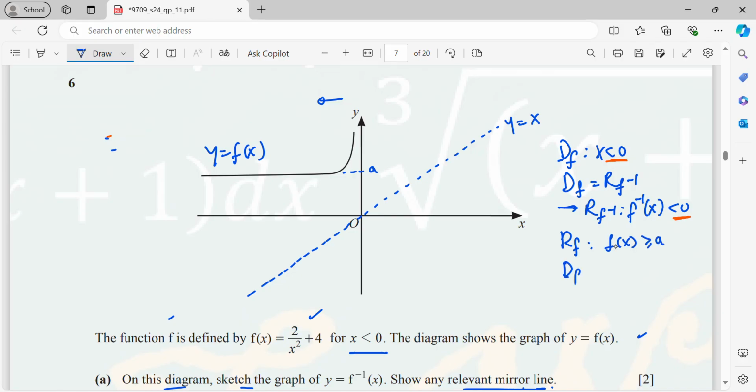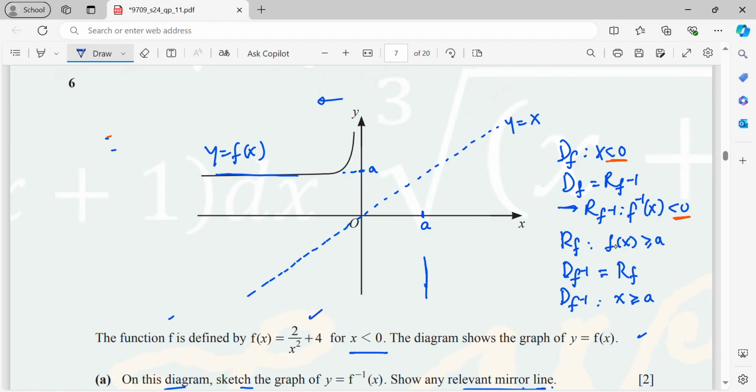So now my domain of f inverse will be the same as range of f, which means my domain of f inverse is x greater than or equal to a. So now your a is positive y, that means here is positive a. So my x value will be at least a. It can be a onwards here, something like this, because here is a straight line.